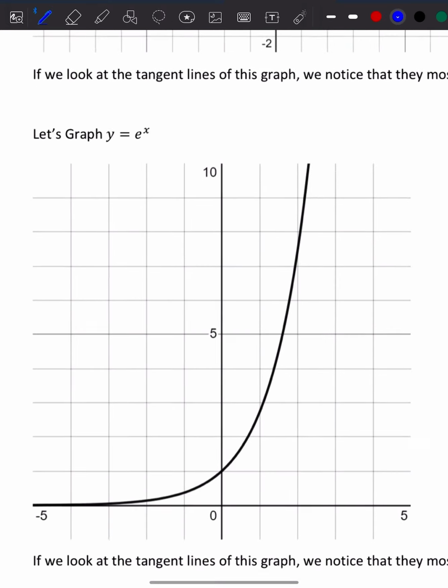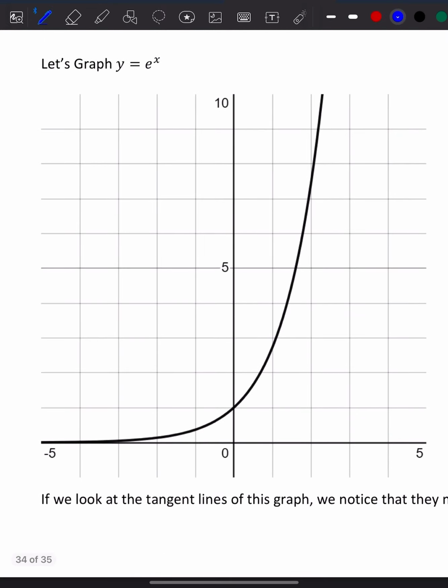Exponentials are actually one of my favorite. e to the x is my all-time favorite. And when we're looking at this function, one of the things that we notice is that the slope is not very big when we get to negative numbers. But as we go through these positive numbers, our slope is growing bigger and bigger.